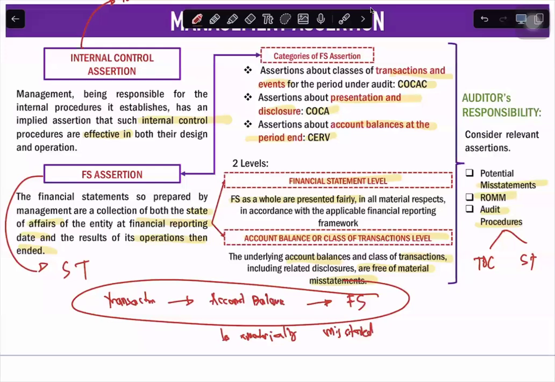And to determine whether it is not materially misstated, we perform our audit procedures. So our audit procedures, either test of controls or we have your substantive test. And we consider the relevant assertions in testing whether these items are not materially misstated. So either transactions and events, presentation and disclosure, and account balances at the period end.